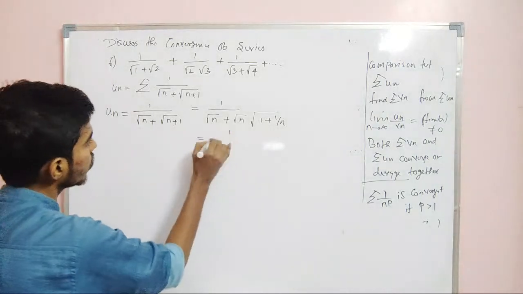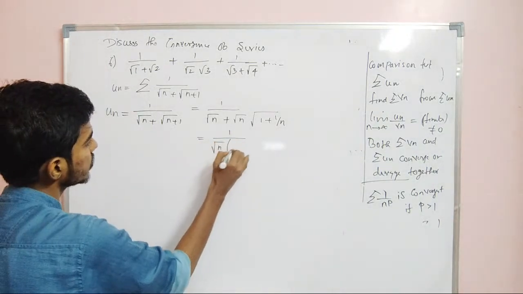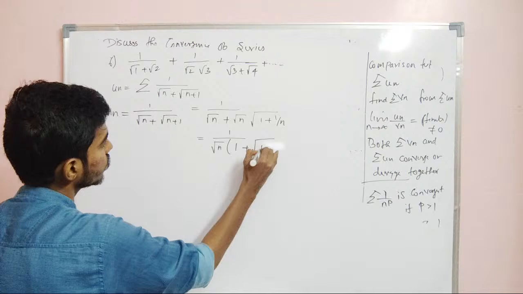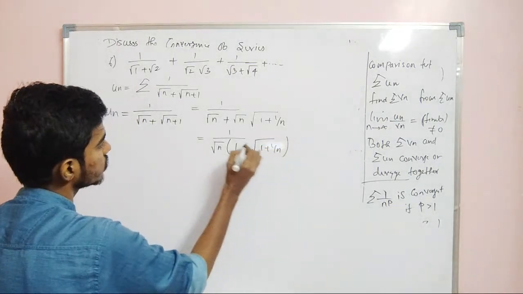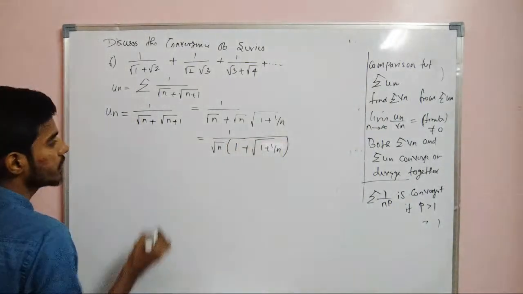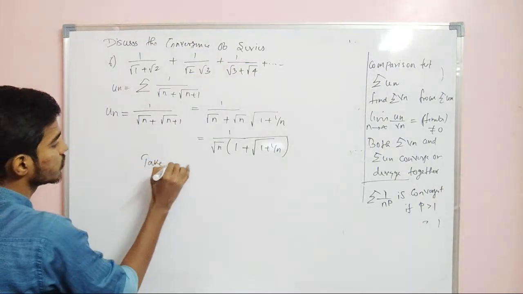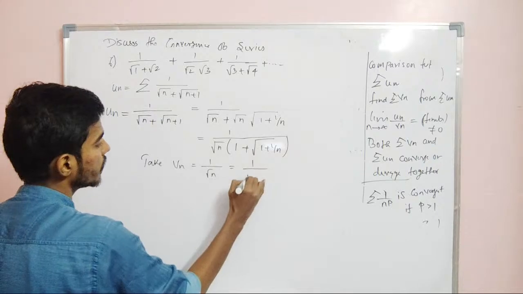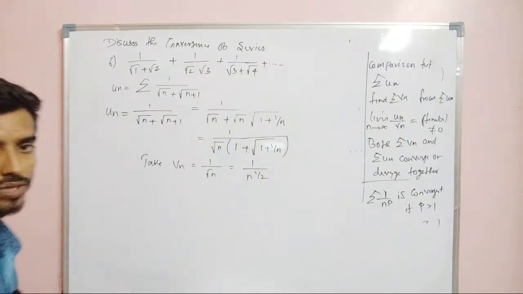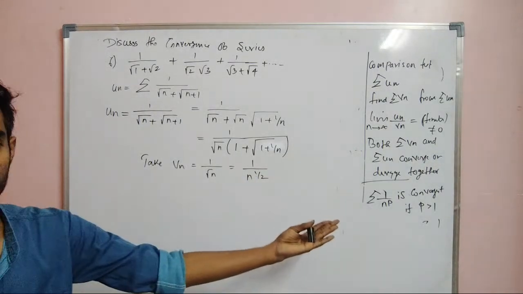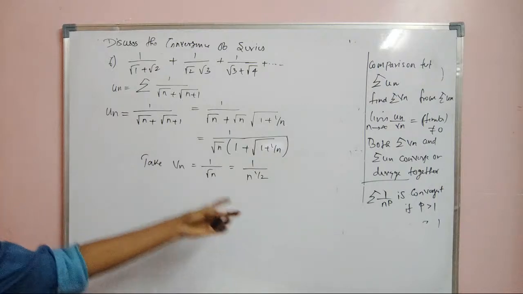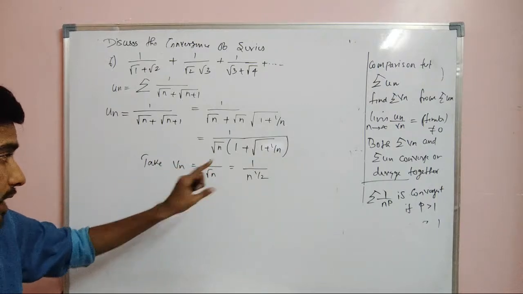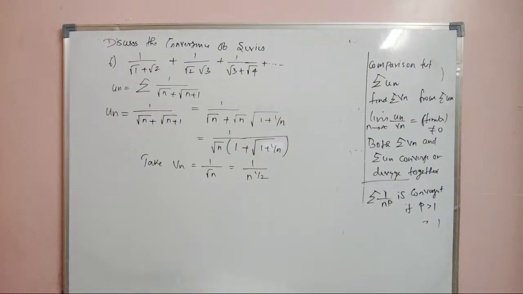So I can take 1 by root n common, which gives 1 plus square root of 1 plus 1 by n. Now take bn equal to 1 by root n, that is 1 by n power 1 by 2. You can always choose bn as 1 by n power p, and p can be any number.